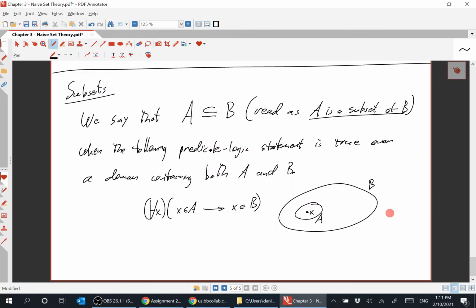In this picture, this means A is a subset of B. Here, it's not true, if this is A and this is B, and this is x right there. This x right here is in A, and x is not in B. I'm going to get another page. This is too cramped.